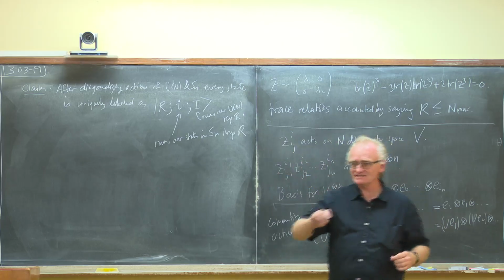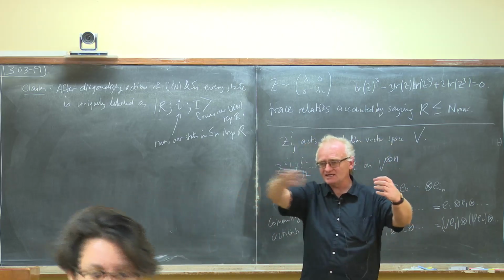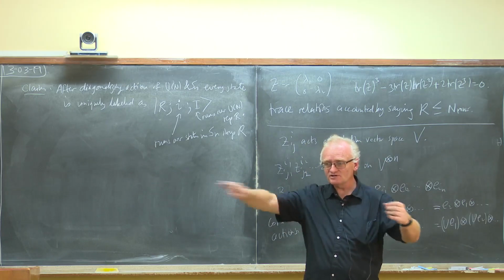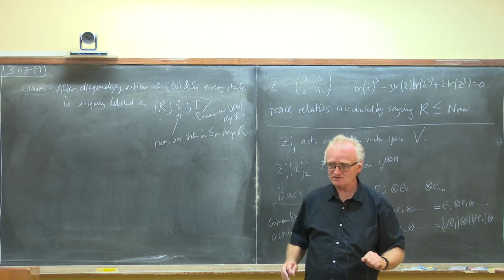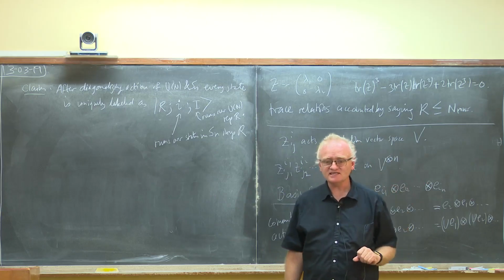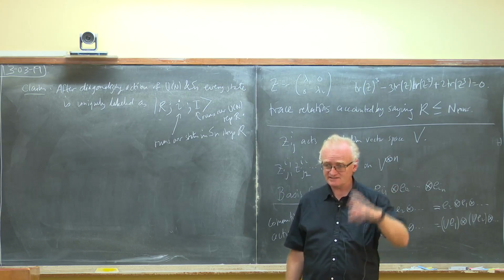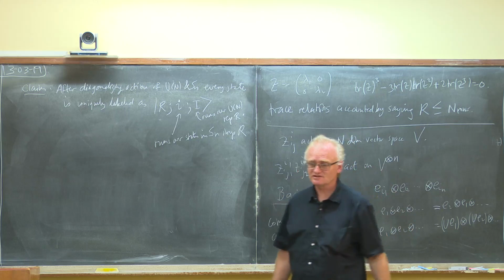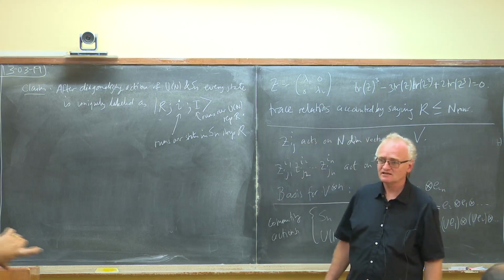If we take Z tensor n, we have n row indices, n column indices. I can put the row indices into a representation of U(N) and the column indices into a representation of U(N). Then to get the gauge invariant, I would like to take the tensor product of these two and extract the singlet.